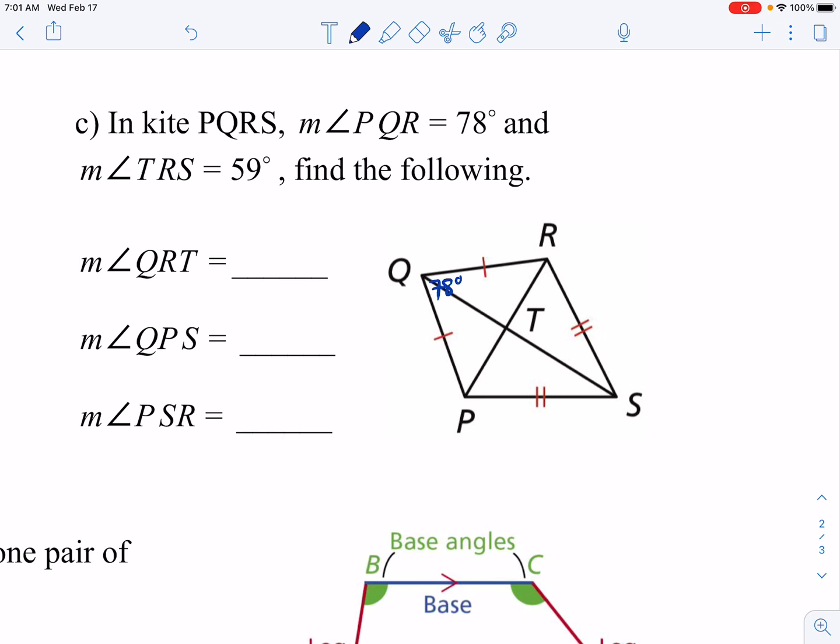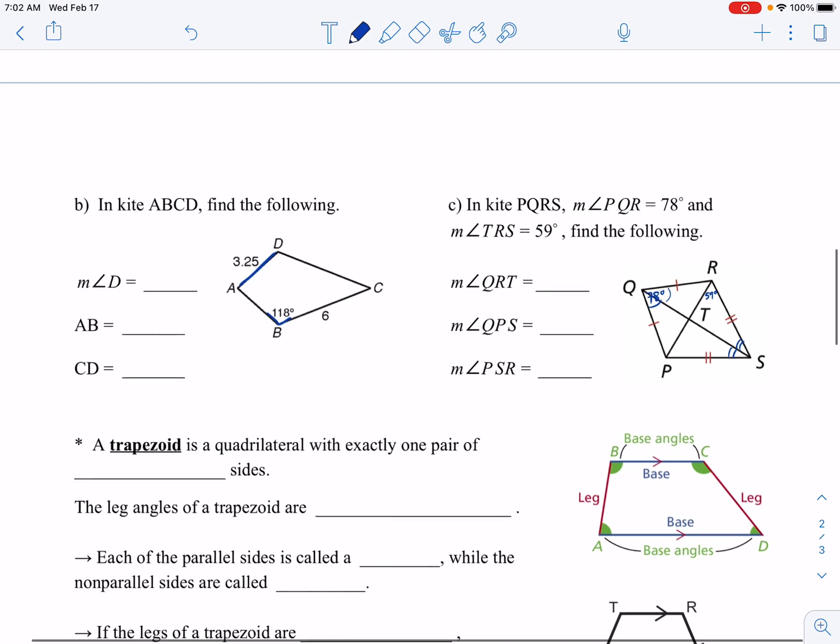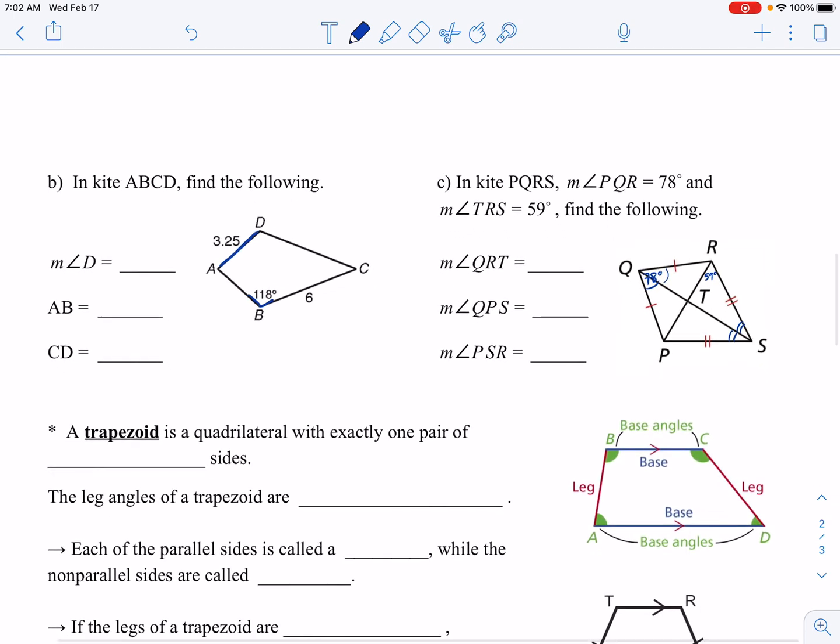Keep in mind that this diagonal bisects a pair of opposite angles. That might help you. And then TRS right here is 59 degrees. Okay, all right, go ahead and solve both, starting with B. We'll check your answers when you're done.